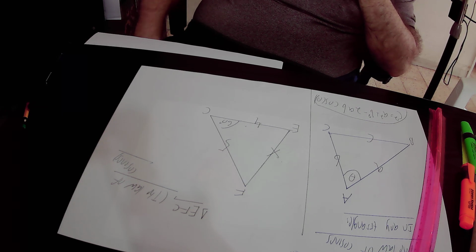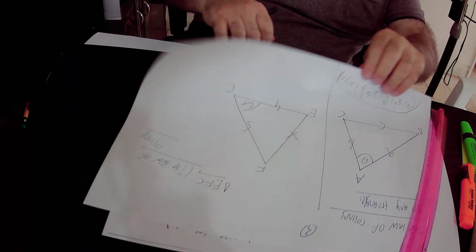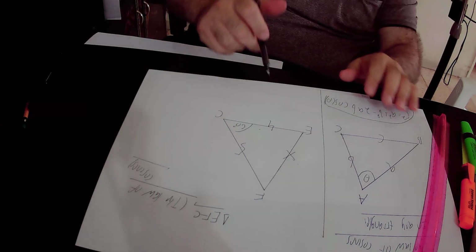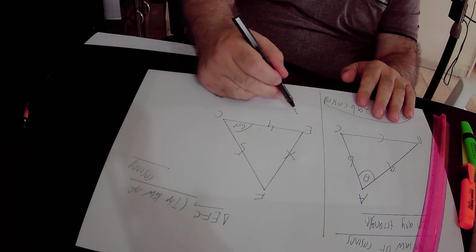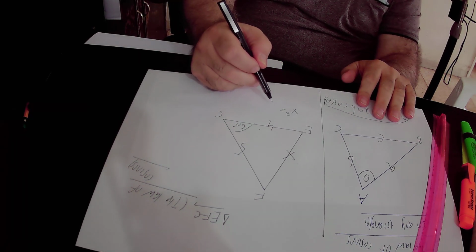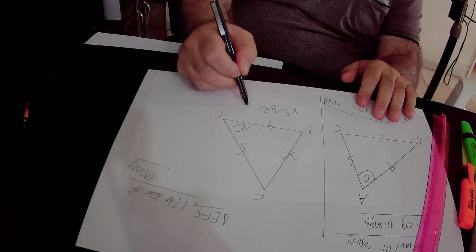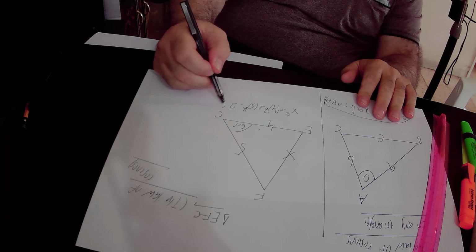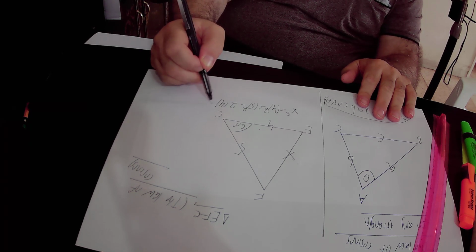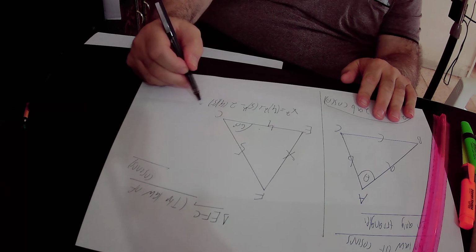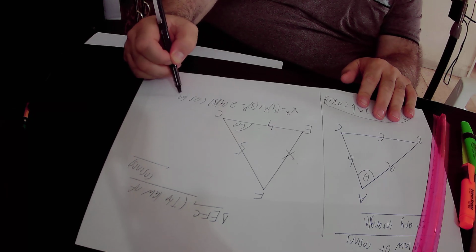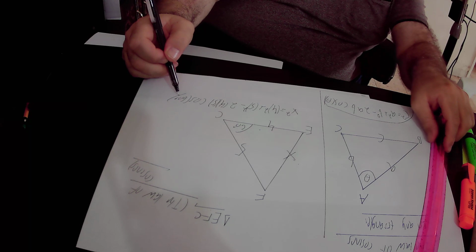So according to the law of cosines, we get that in triangle EFC, x squared equals 4 squared plus 5 squared minus 2 times 4 times 5 times cosine 60 degrees. Okay.